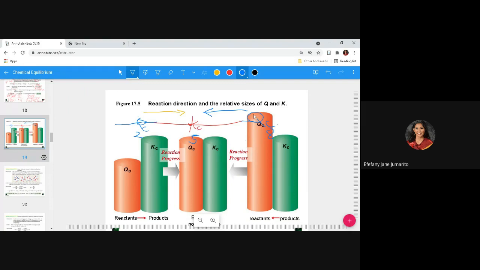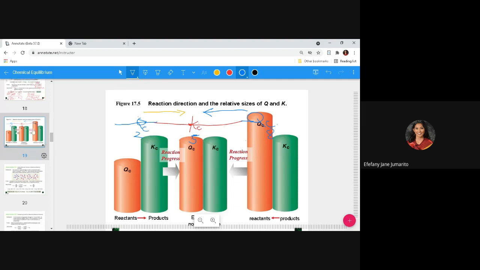So if it's backward, it favors the formation of our reactant. If you have a line bar, when QC is less than KC, that means it will go forward, to the left on our line bar. Okay.